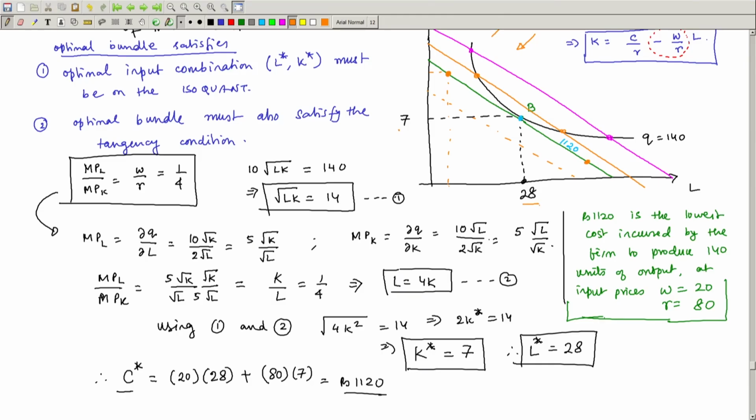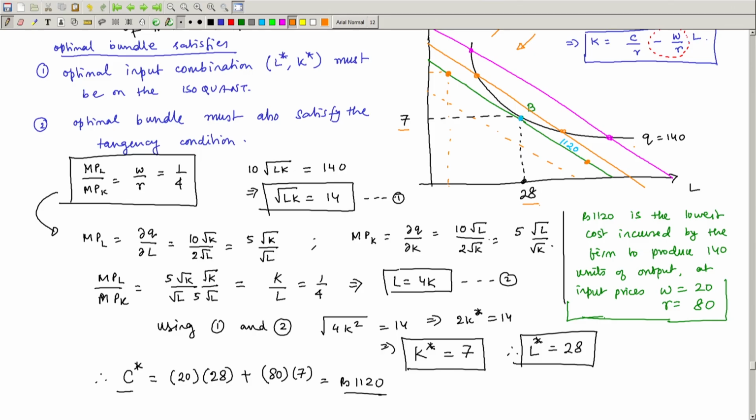However, exactly one and only one of those bundles, which is 28 units of labor and 7 units of machines, will allow the firm to produce 140 units of output, right. So, that is the optimal bundle or the cost minimizing bundle.